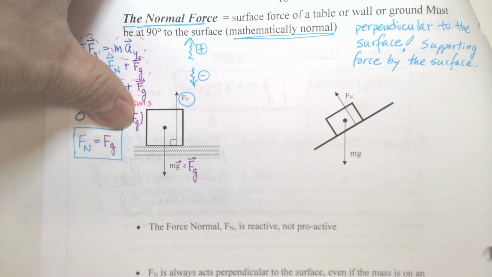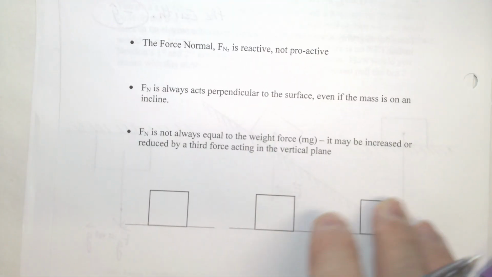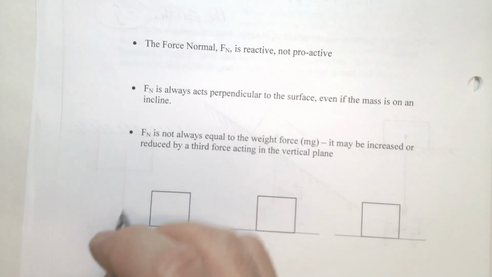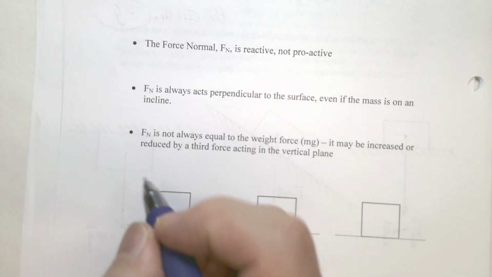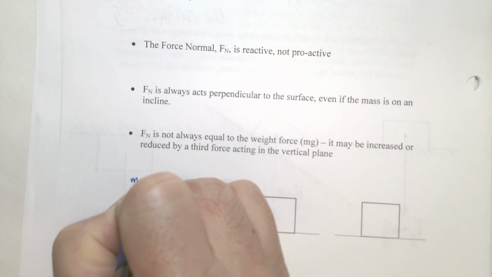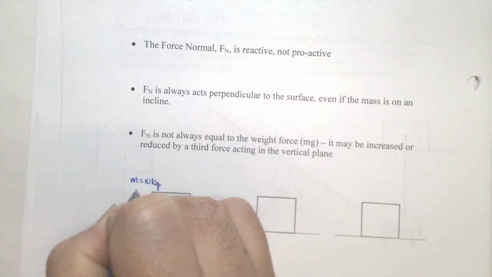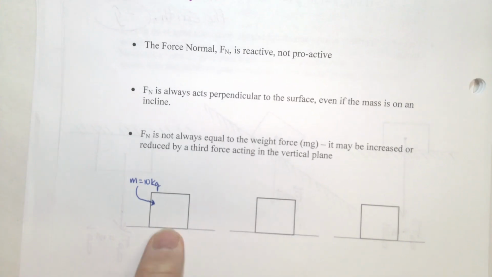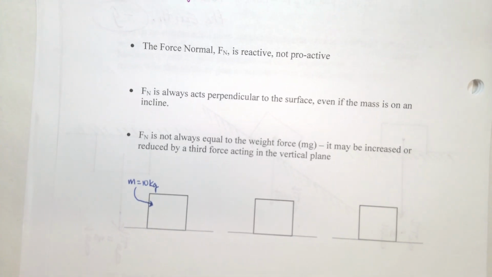Because let's say I have these three different scenarios. Here, let's say I have a box, and this box has a mass of 10 kilograms. If I look at this, there are two forces acting on this box, right?